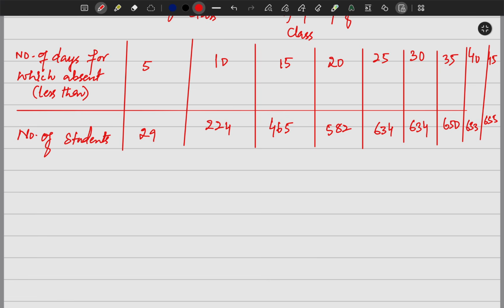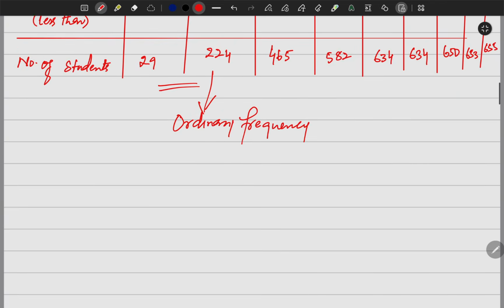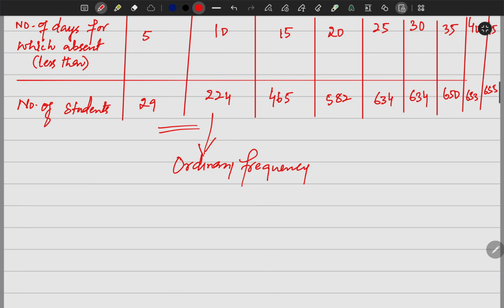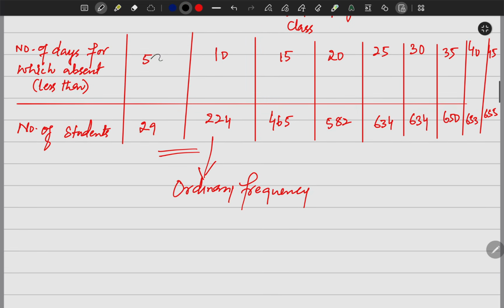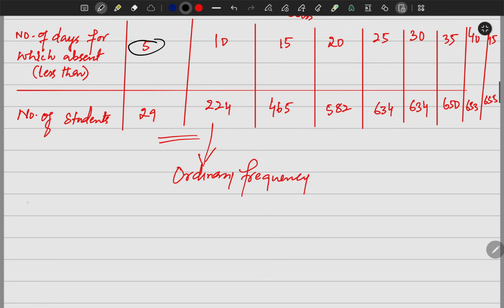So the given cumulative frequency distribution will first be converted into the ordinary frequency. Okay, so what we will do, see, we have the 5 students, number of days is 5, so we will take the class as 0 to 5.